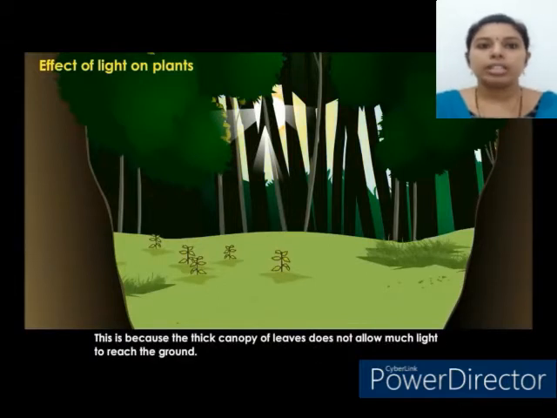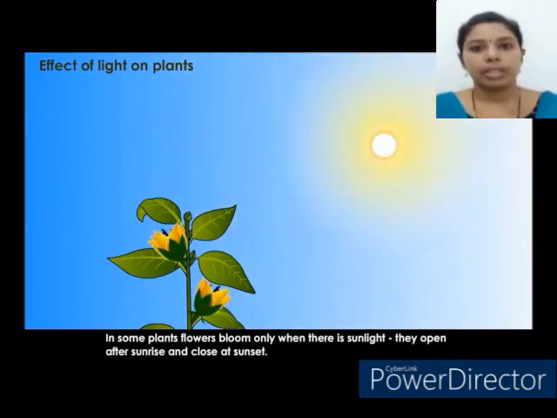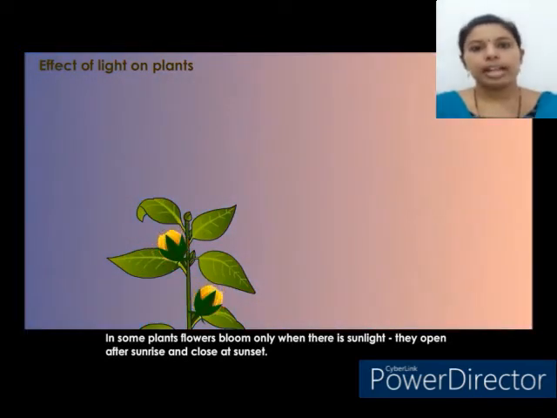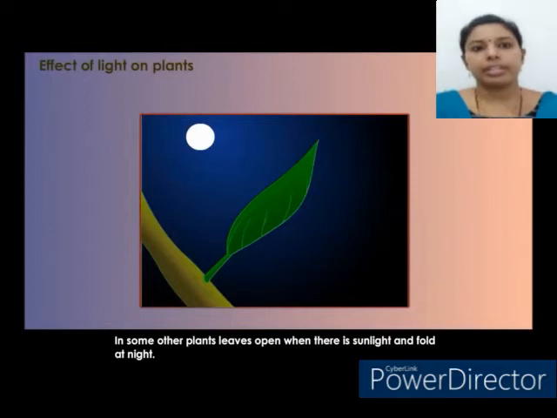This is because the thick canopy of leaves does not allow much light to reach the ground. In some plants, flowers bloom only when there is sunlight. They open after sunrise and close at sunset. In some other plants, leaves open when there is sunlight and fold at night.